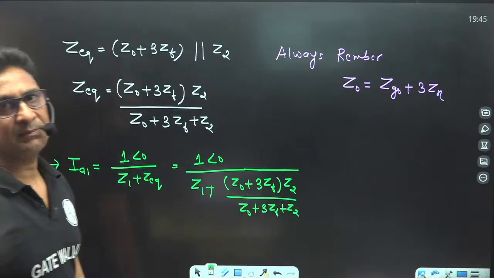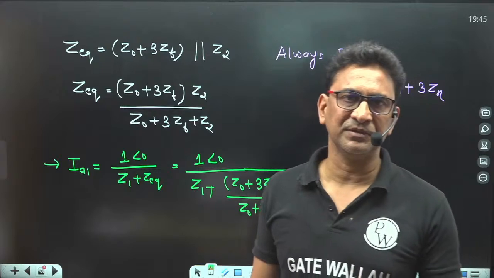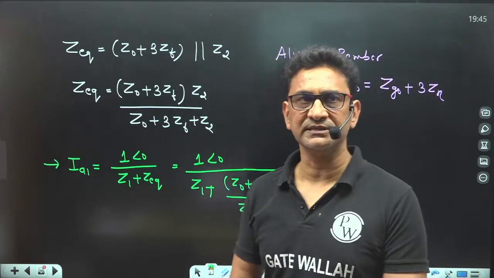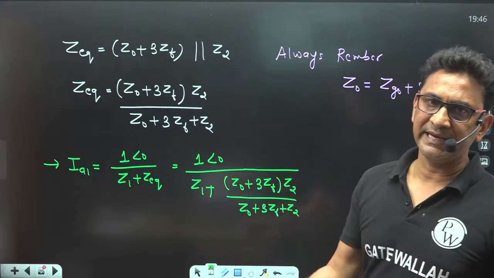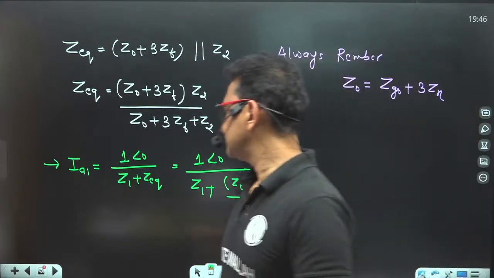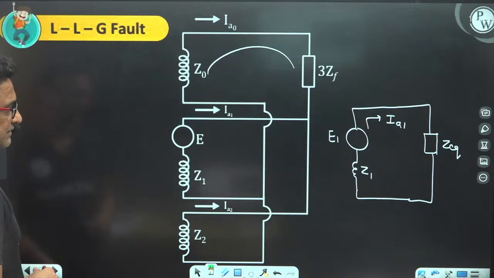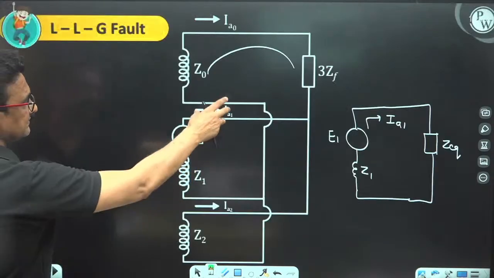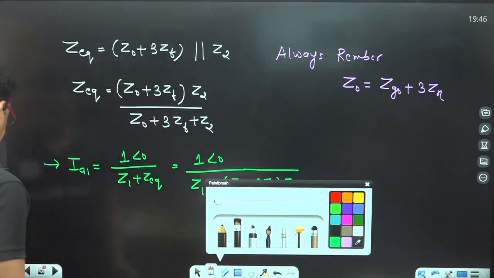See, in double line to ground fault, all three sequences come into the picture: positive sequence, negative sequence, and the zero sequence. Once you have the positive sequence current, by using this you can find out the negative sequence current and the zero sequence current. How? For simplicity, if I draw this circuit, it is like this.